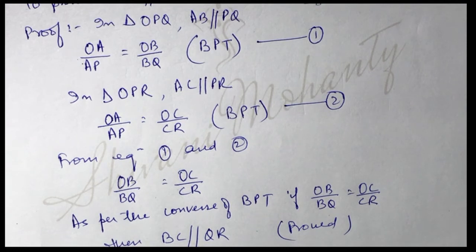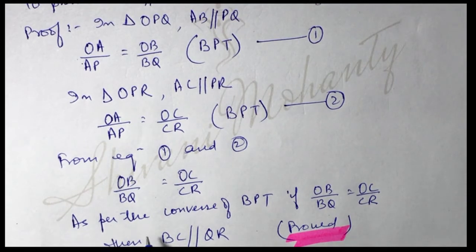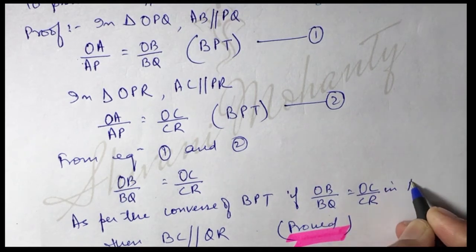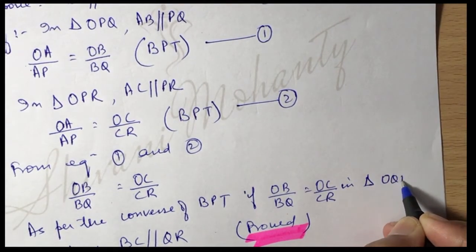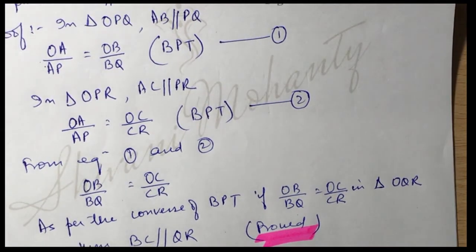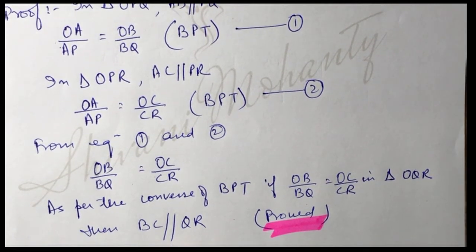You can state it like this. So what is the triangle considered? As per the converse of BPT, if OB by BQ is equal to OC by CR in triangle OQR, then BC is parallel to QR. So this is your question number 6.